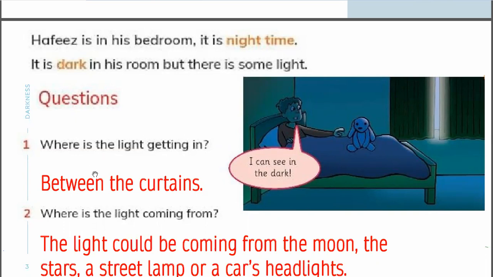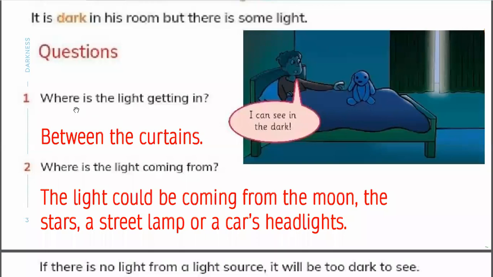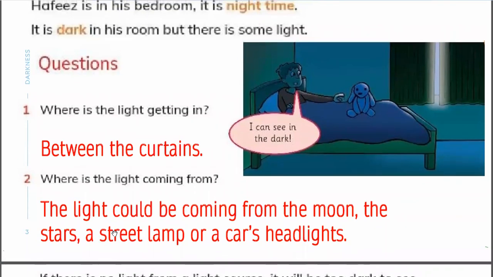Here is question number 1. Where is the light getting in? Between the curtains. Light is coming from between the curtains from outside. Question number 2. Where is the light coming from? The light could be coming from the moon, the stars, a street lamp, or car headlights.